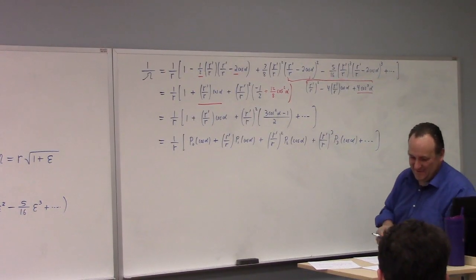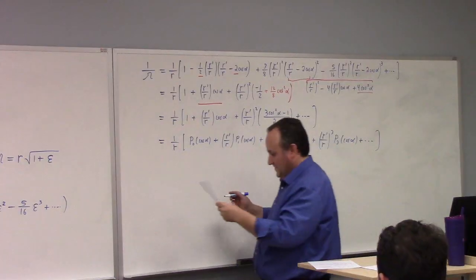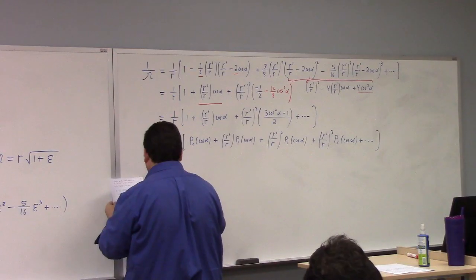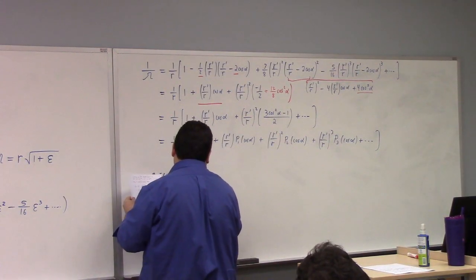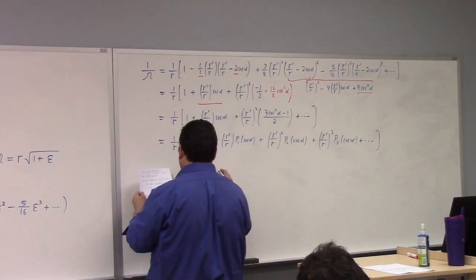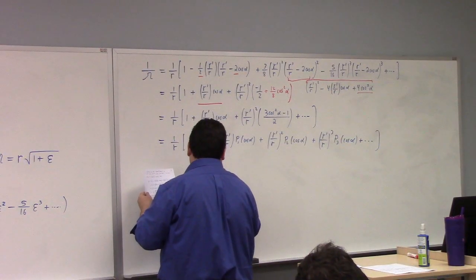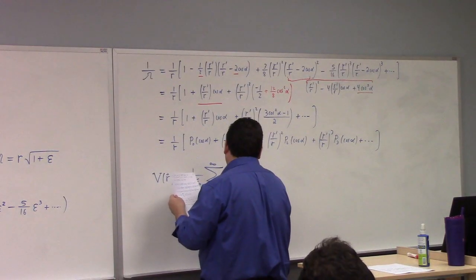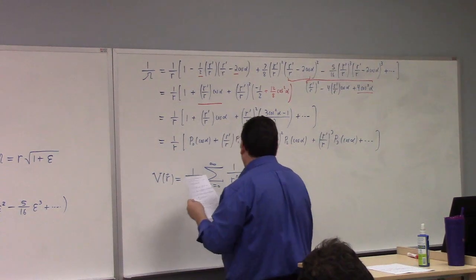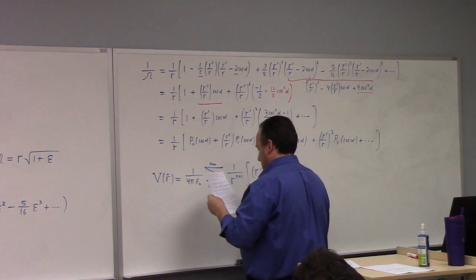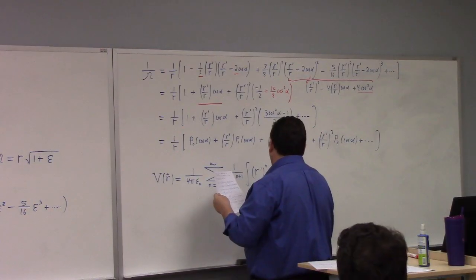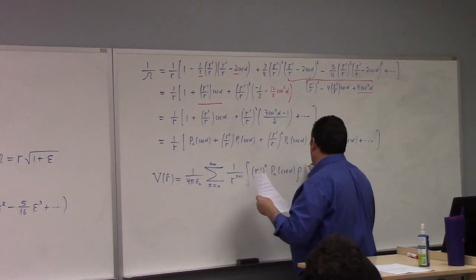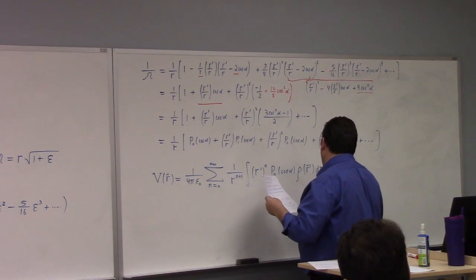And so generally speaking, we get the following beautiful result, that the potential at r is 1 over 4 pi epsilon naught, the sum n equals 0 to infinity of 1 over r to the n plus 1, the integral of r prime to the power n, the nth Legendre polynomial at cosine alpha, times the charge density at r prime, d tau prime.